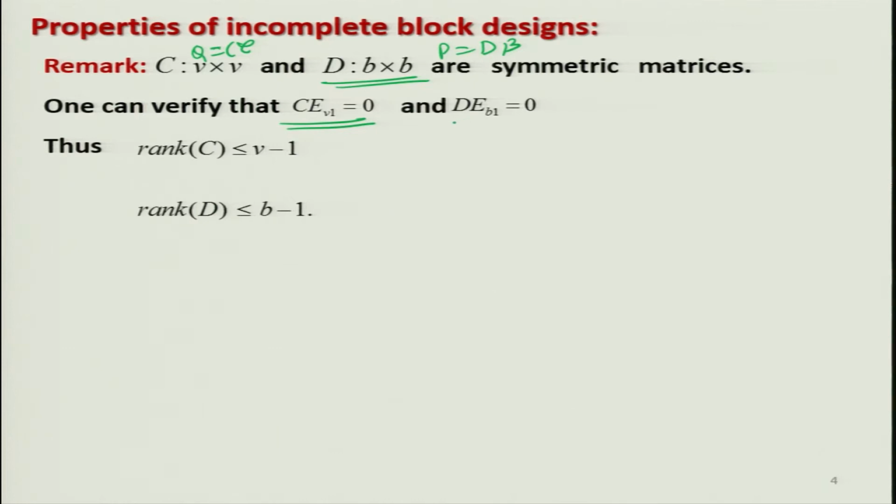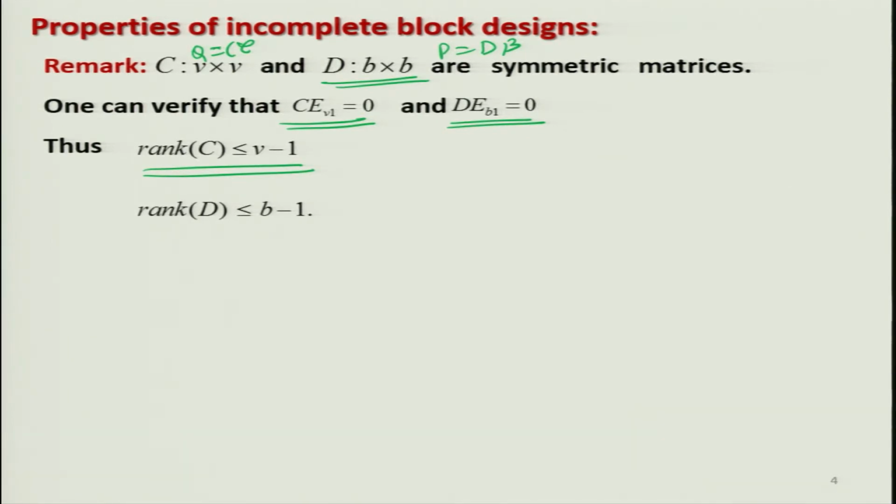So D into EB1 will be equal to 0, that is the null vector. So both C and D are rank deficient matrices. What the exact rank is we cannot say at this moment, but surely there is one constraint which ensures that the rank of C is smaller at least by 1. So we can write that rank of C is less than or equal to V minus 1.